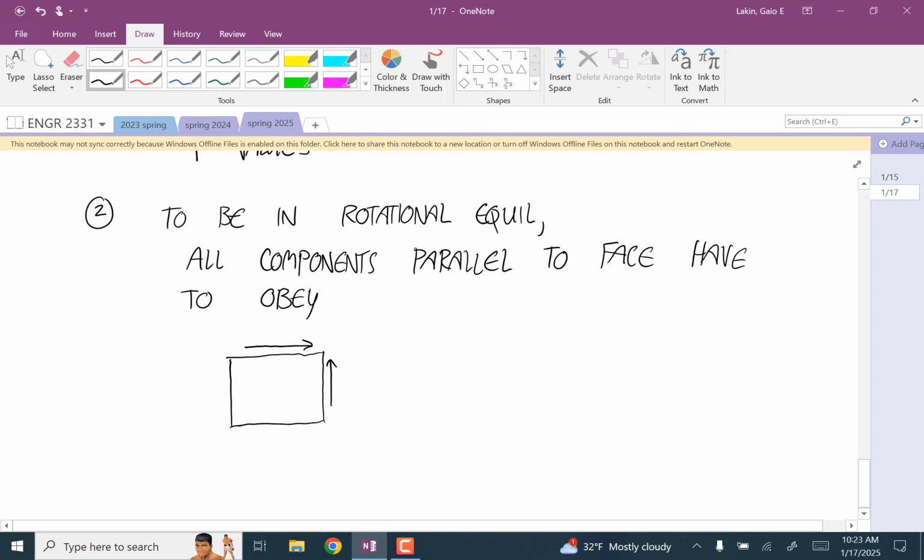The tails have to be together and the heads have to be together. Okay.